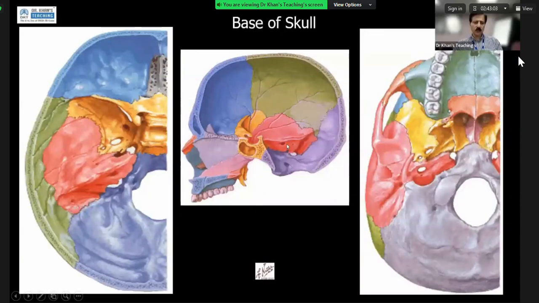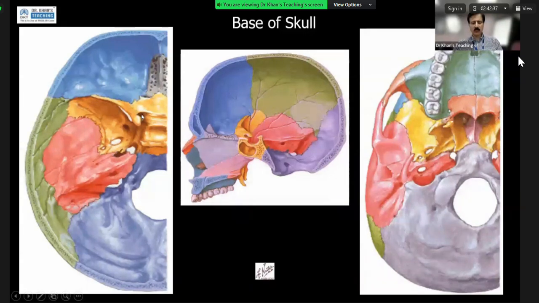Now, basisphenoid we have already covered, and the sagittal is the best view to explain this. All of this is basisphenoid. However, this is the anterior clinoid process. Anterior clinoid process is a part of lesser wing of sphenoid. And key point to remember is that just medial to this anterior clinoid process is the optic foramen.